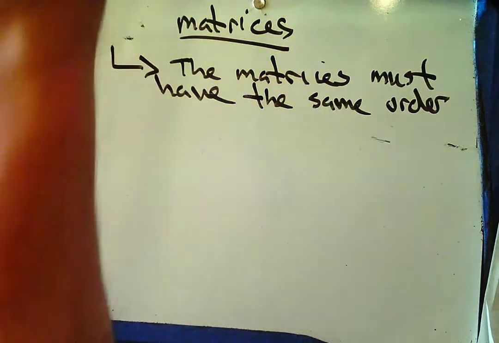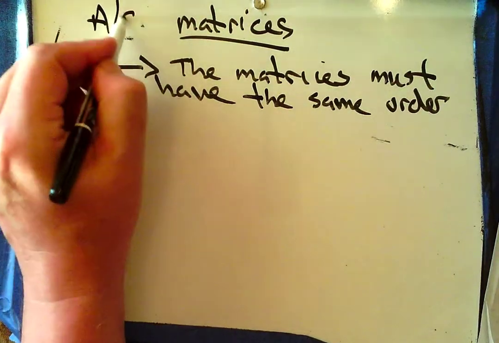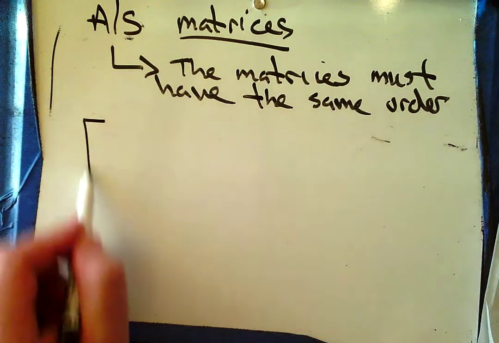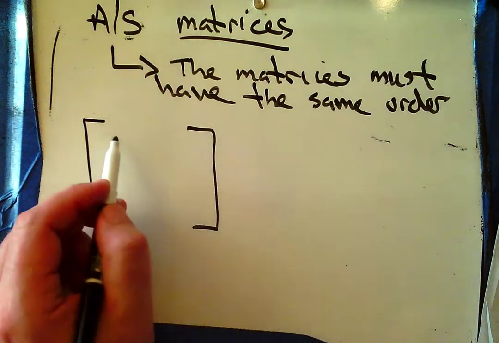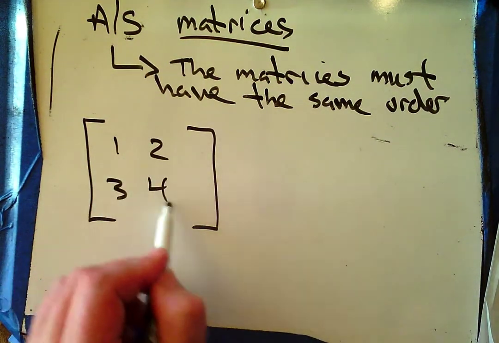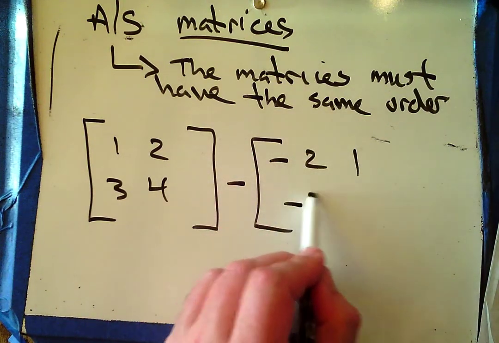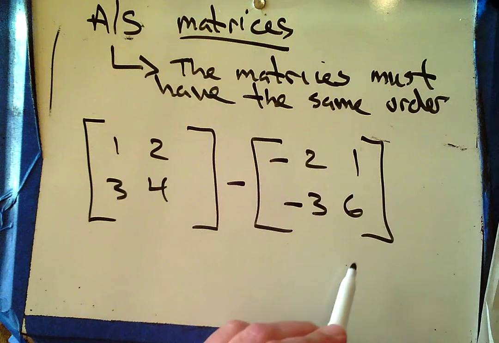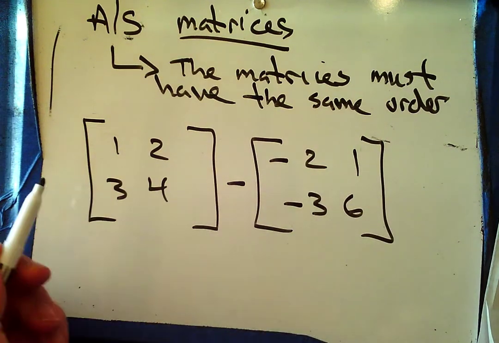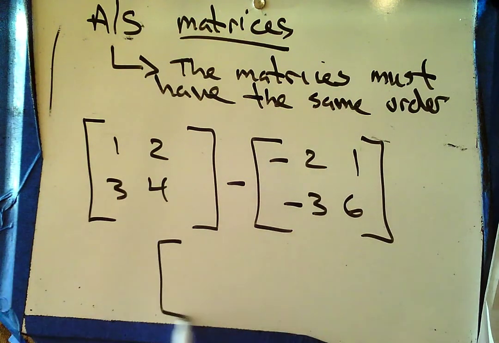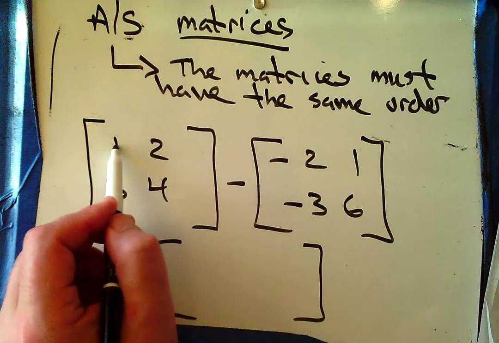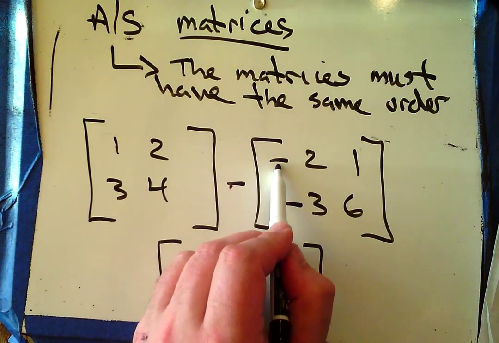Subtracting works the same way. So let's call this adding and subtracting matrices. As long as the matrices have the same order, I can subtract what's in the corresponding cells. 1 minus a -2.